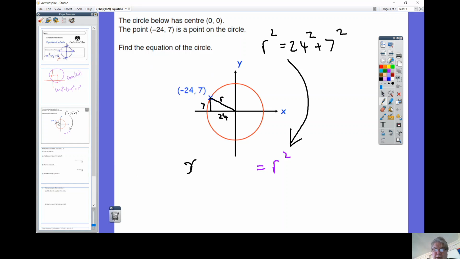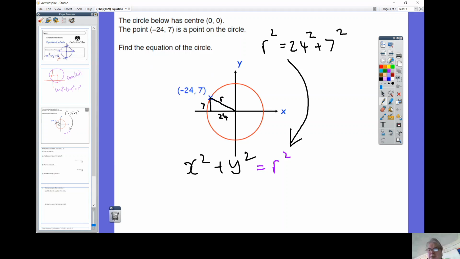So x squared plus y squared equals the radius squared. Everything else I just said applies. To work out what the radius is, we needed to do that work I've just done. Apologies, I wasn't even looking at the diagram. I was assuming minus 24, 7 was the centre. It isn't. Is everybody clear that the centre of that circle is the origin? You can see from the diagram and the first sentence of the question.